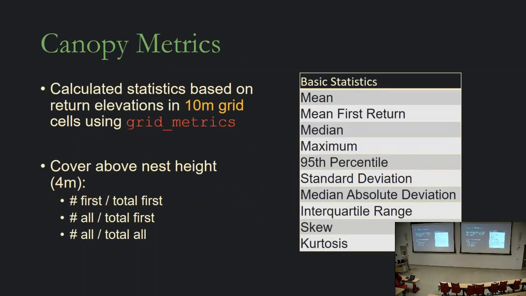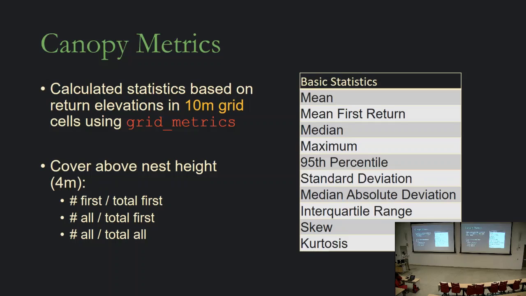Then my canopy metrics, so I calculated the statistics in 10-meter grid cells, which may seem like a pretty large cell size for LiDAR, but some of my metrics, I just needed a little bit more data, so that was kind of a compromise. So I calculated some basic statistics you can see here on the right, and then some more specific to the flycatcher metrics, such as cover above the mean nest height of 4 meters.